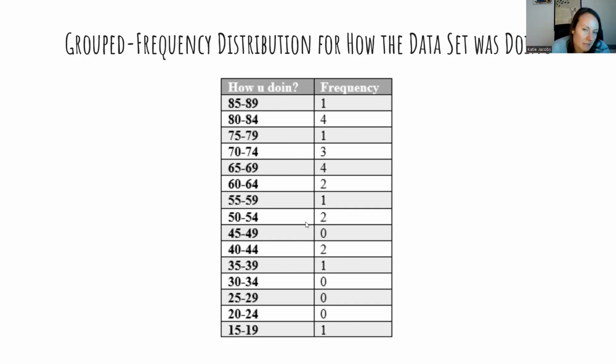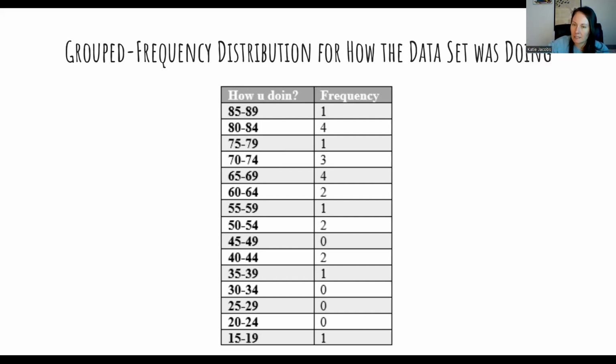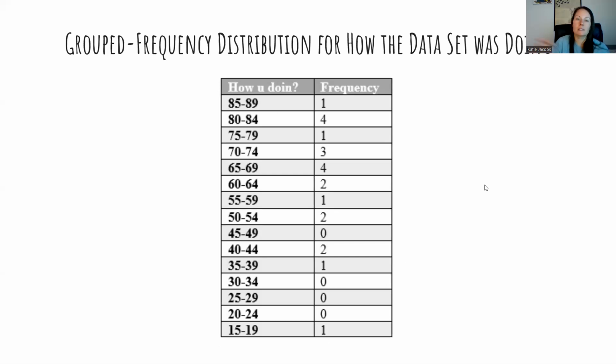We see that we kept a consistent class interval width. Remember, our symbol for class interval width is i, lowercase italicized i. Because if we take 19 minus 15, which is 4, plus 1 equals 5. And if we did that for each of our class intervals in here, we'd see that all of them have the same class interval width.